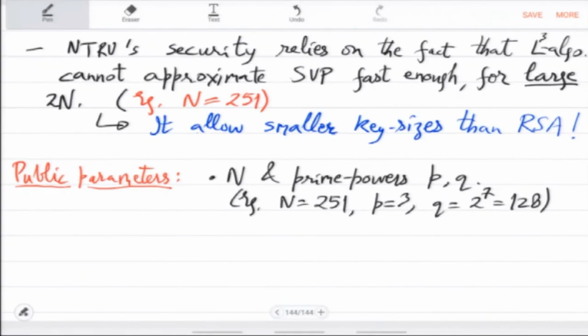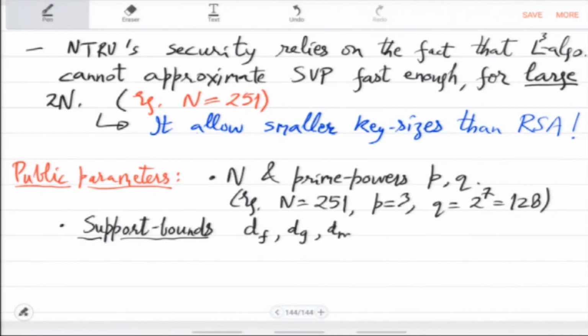Okay, and the bank releases support bounds. These are just numbers, we will call them df, dg, dm, dr. Okay, these are around, again as an example, numbers around 80. So they are not very large. So this is what the bank fixes and also publishes on the website.